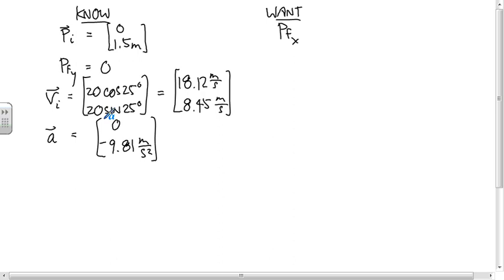All right, so do any of those 6 equations, 1, 2, or 3, A or B, have PFX in them, and anything else in it appears in the known column? We have to be looking for an x equation, or else we wouldn't have PFX in it. Equation 2 almost works, but we don't know time final.